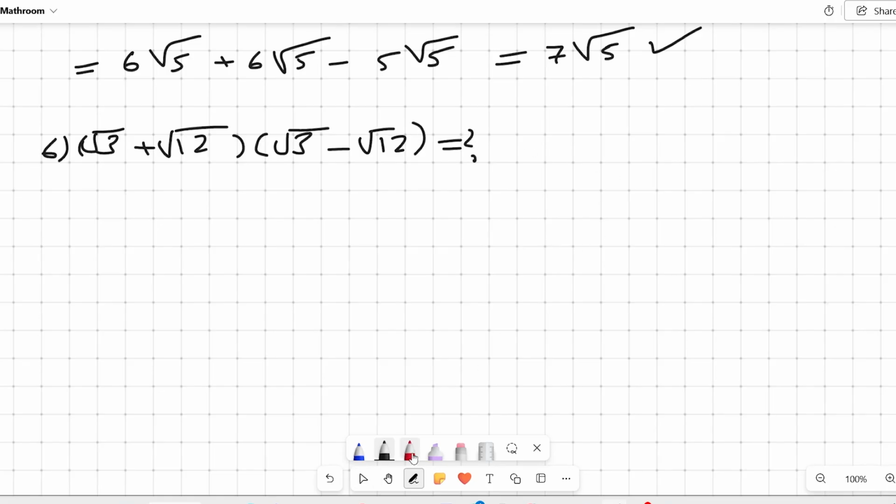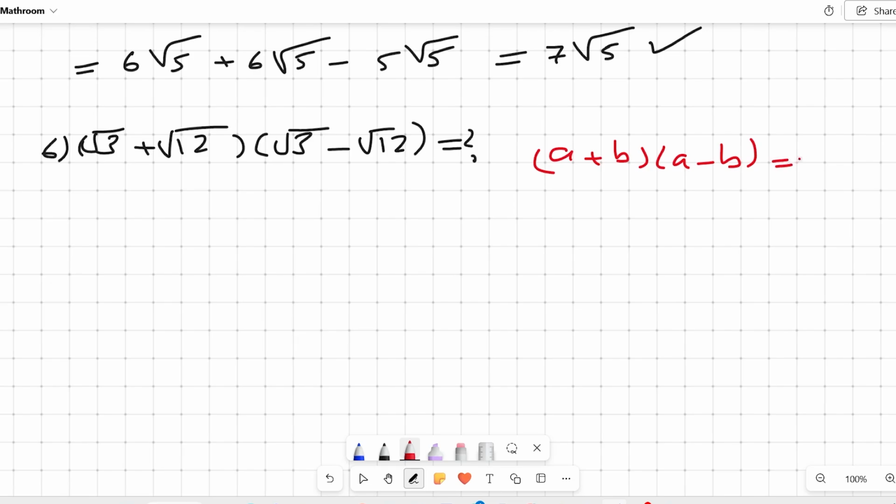So here you know that this is exactly an identity, like a plus b times a minus b is equal to a square minus b square. It is the same as this identity. So we are going to write it in this form.